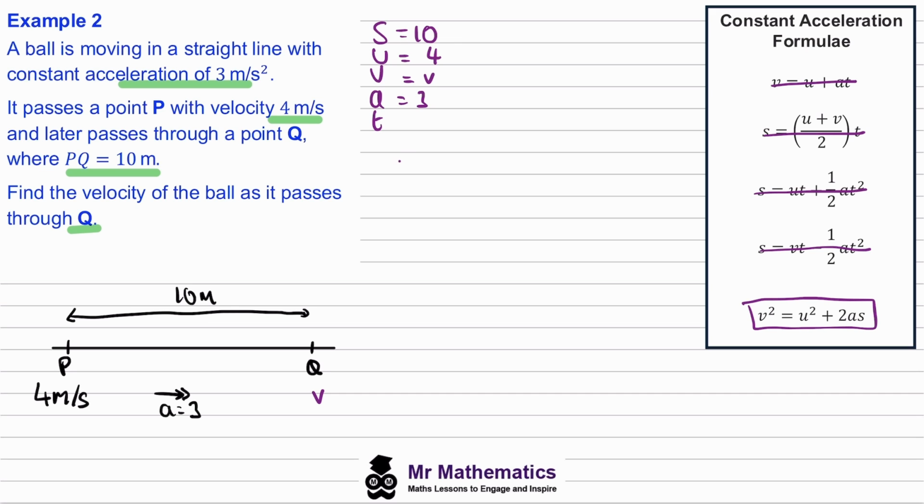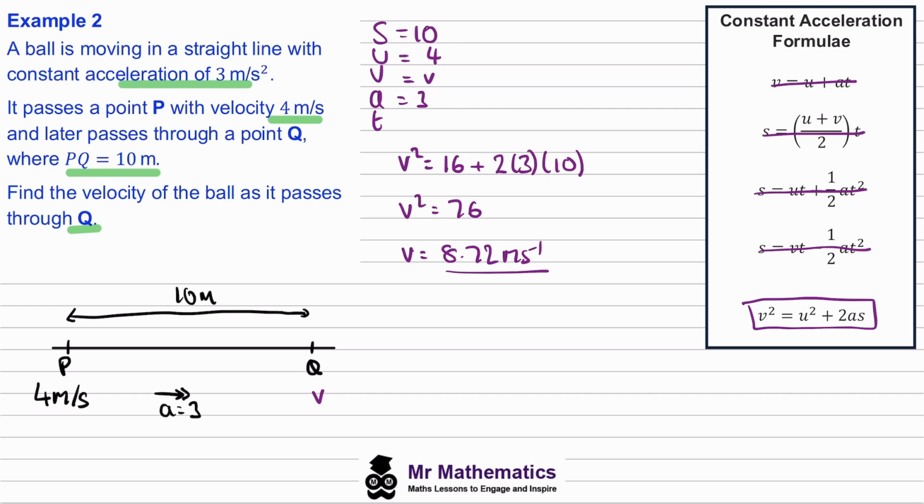So v squared will equal u squared, which is 16, the 4 squared, plus 2 times a times the displacement. So we'll have v squared will equal 16 plus 60. We'll take the square root of both sides, and we get approximately 8.72 meters per second.